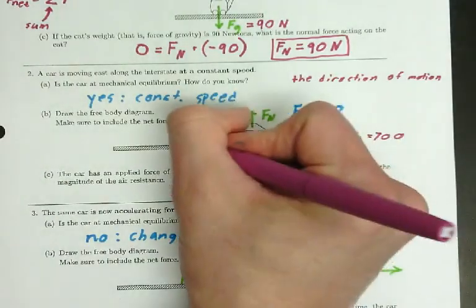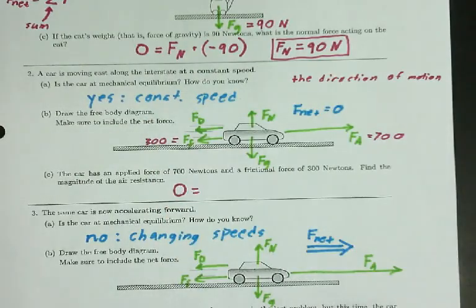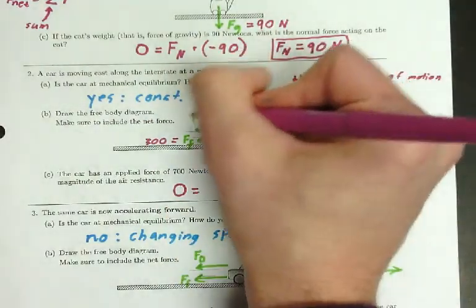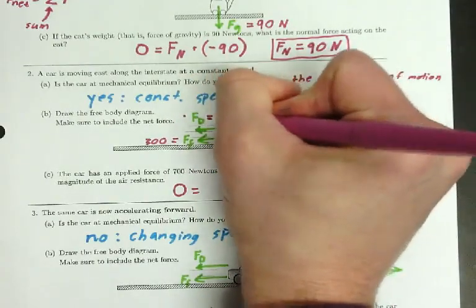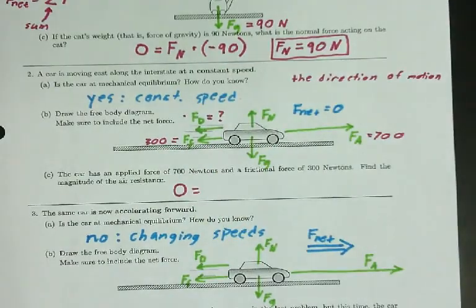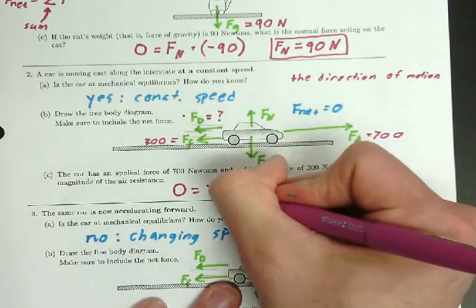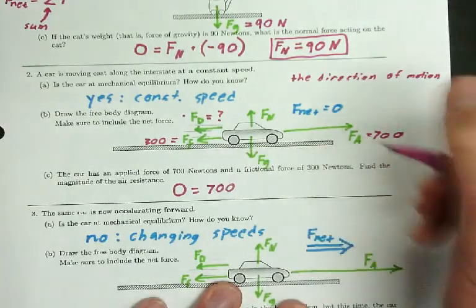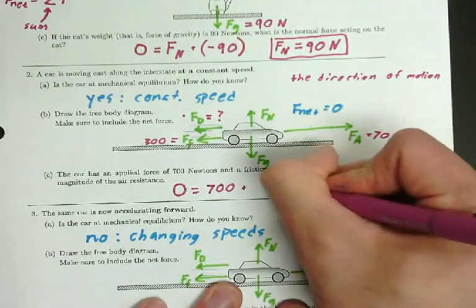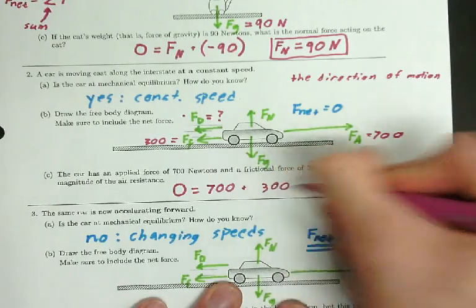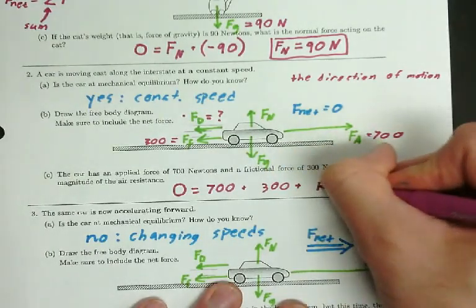Friction has a force of 300. And I want to know what the value for drag is. So I would say 700 plus 300 plus drag.